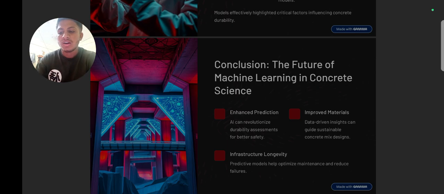Conclusion: understanding and predicting concrete durability under various environmental conditions is essential to ensure the long-term performance and safety of concrete structures. The key predictors of concrete durability include factors such as water-cement ratio, cement type and composition, aggregate quality, air content, and curing conditions, among others.